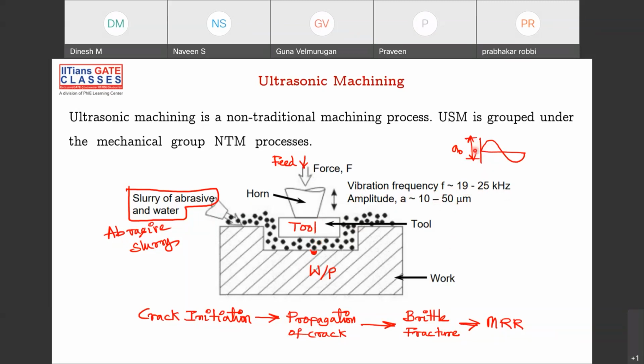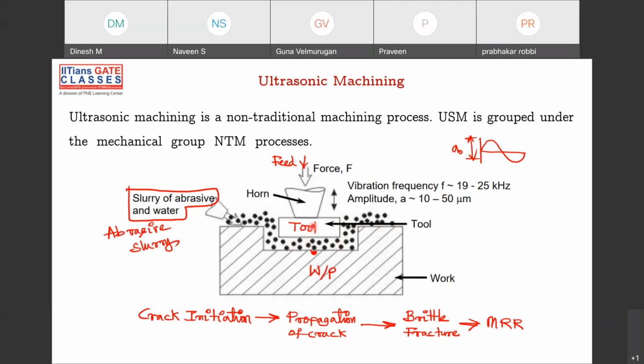This is what amplitude is. It is a micro amplitude, and you can't even see whether the tool is vibrating or not, but at the ultrasonic level, it is vibrating. When the tool vibrates, energy is given.